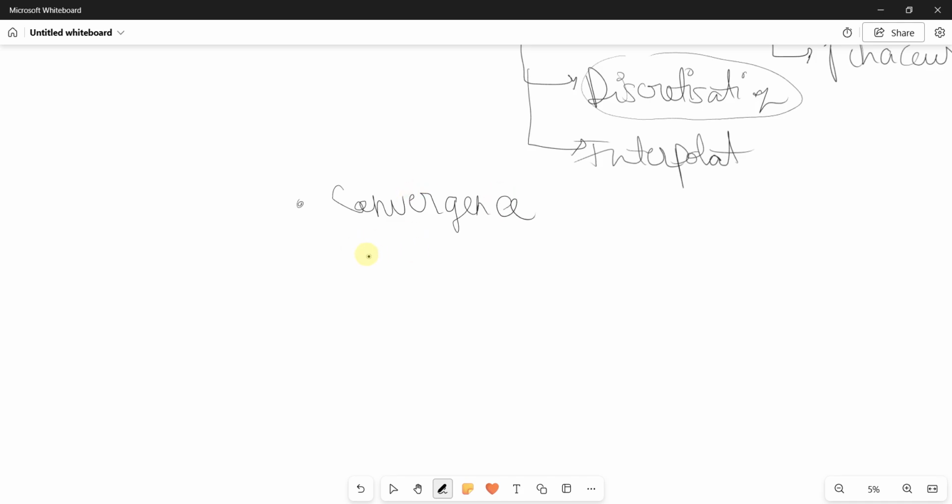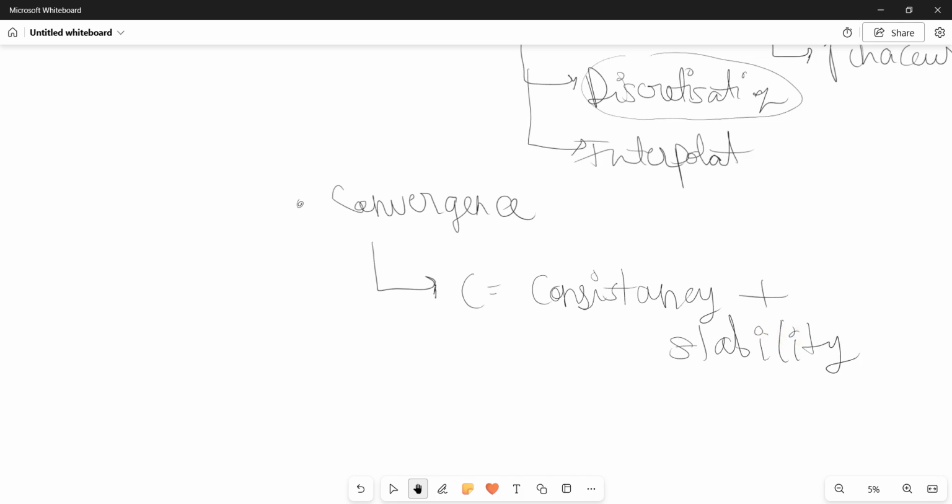Convergence is just a mix of two. So your convergence is equal to your consistency plus your stability, right? So the above two, whatever we saw, if you merge both of them, that is your convergence.